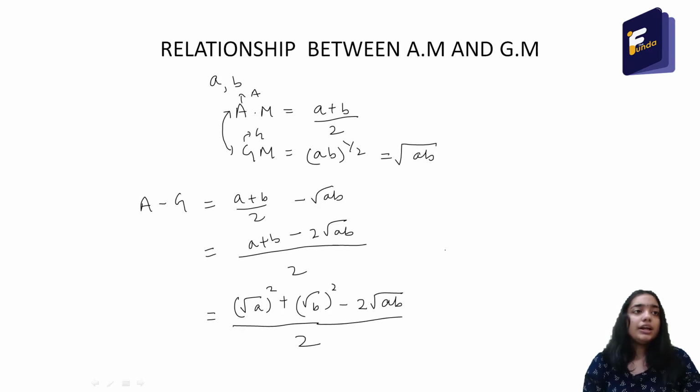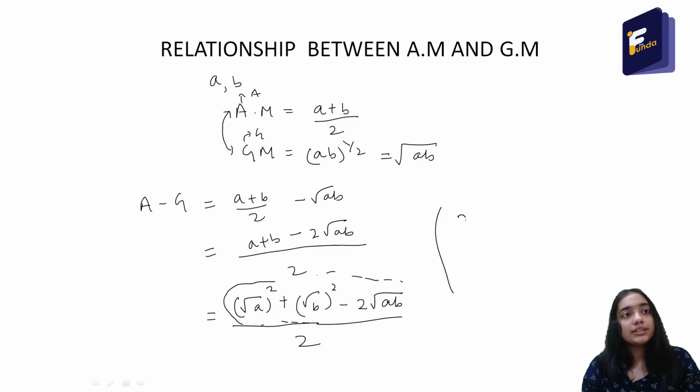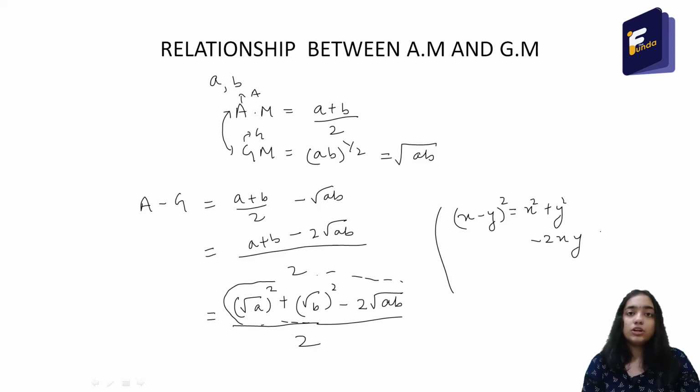Now look at this whole thing: root a square plus root b square minus 2 root ab. Just recall the formula for (x minus y) whole square: x square plus y square minus 2xy. So this thing is the formula for (root a minus root b) whole square.